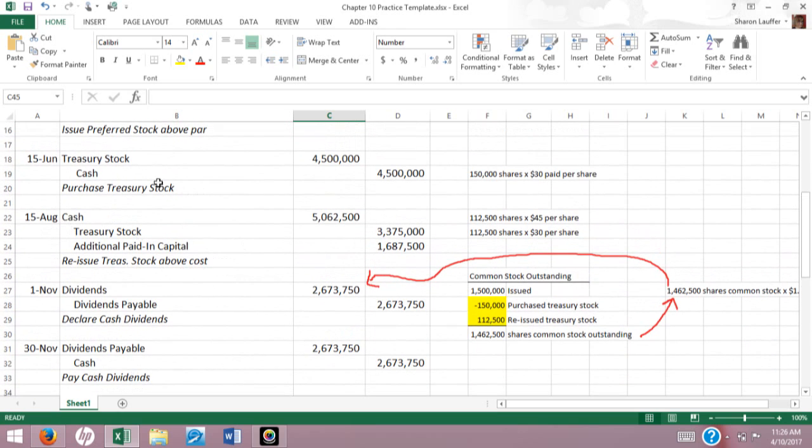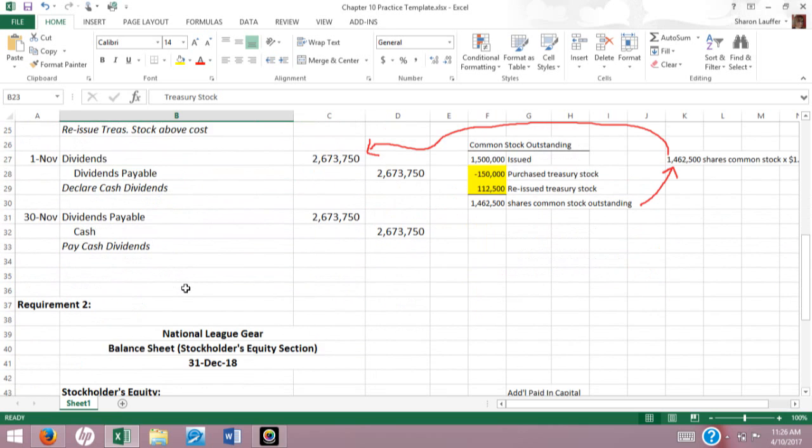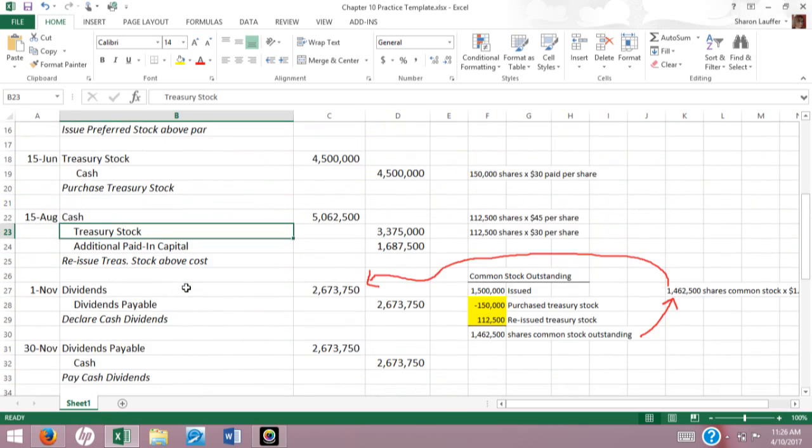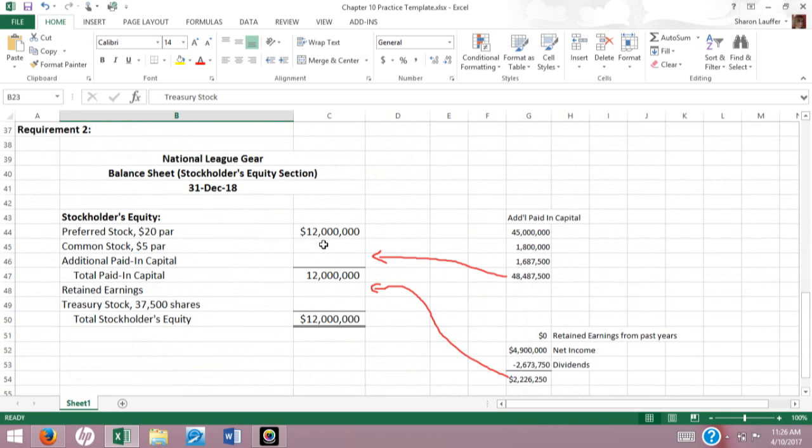Now, I know that we had some treasury stock that we repurchased, but we are not including that at this point, because those treasury stock purchases and reissuances didn't affect the common stock account. They affected the treasury stock account. So we'll look at that in a few minutes. But for now, we only have one entry in common stock, and that was that first entry where we issued $7,500,000 in common stock.